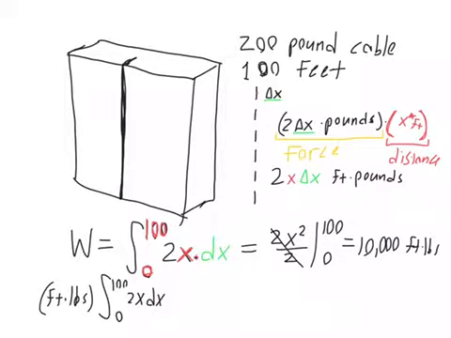Rather than taking a force equation, rather than saying, all right, force is 2x somehow, we're generating an equation for overall amount of work acted on a small piece of cable of length delta x, and now we're going to do a limiting process.